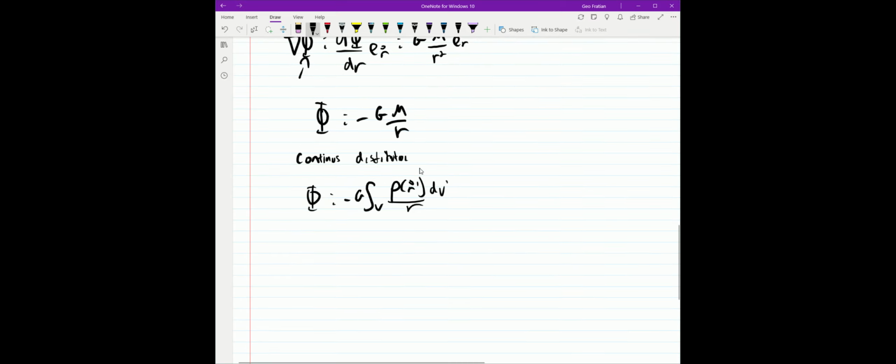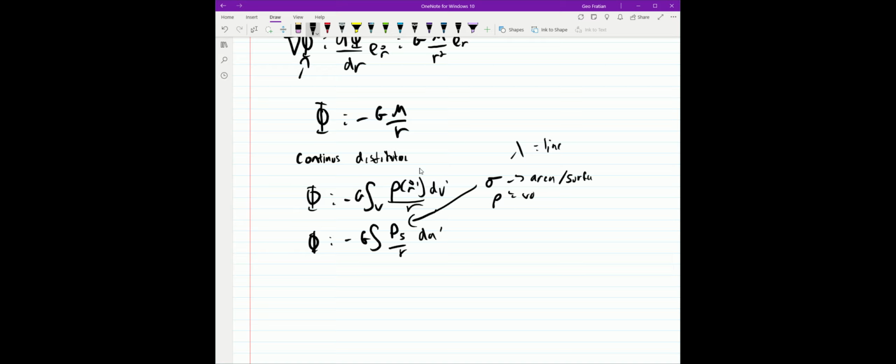Now, that can be a little complicated at times, so I kind of hinted at this. For example, if mass is distributed over a thin shell, you can do a surface integral, where you use the surface density, which they use rho s. I learned in other classes to use sigma for surface, lambda for line, sigma for area or surface density, and then you use rho for volume.